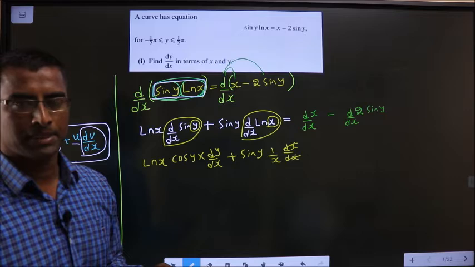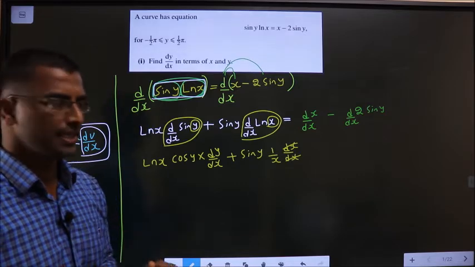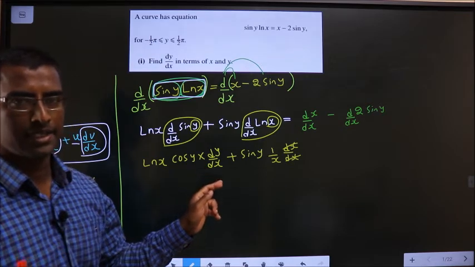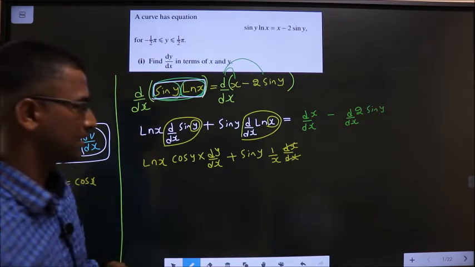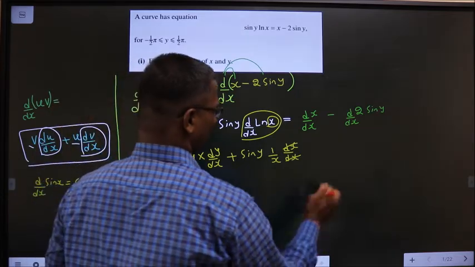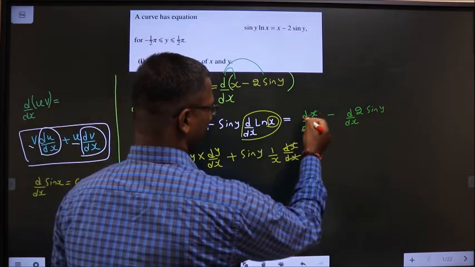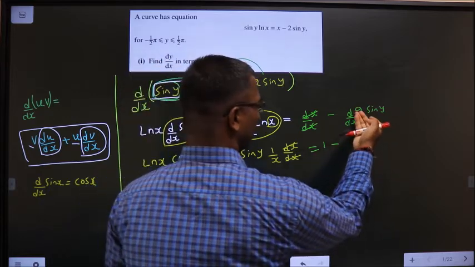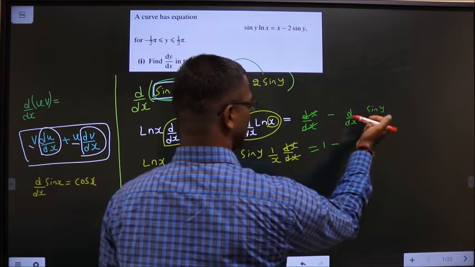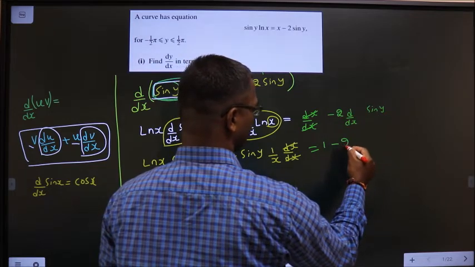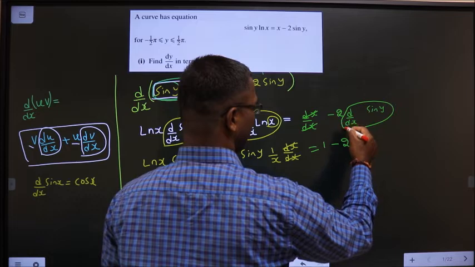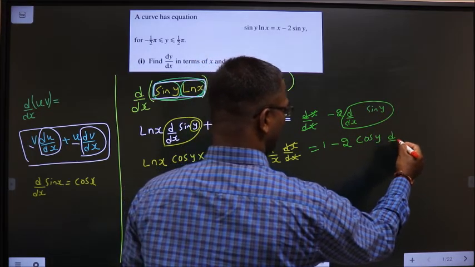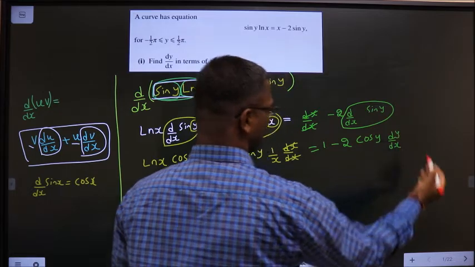So to not make that mistake, every time you are differentiating, write d by dx of whichever letter is present. Okay, next. So here dx by dx is 1 minus, over here 2 will not play any part in differentiation, so 2 will come outside. So now d by dx of sin y, again sin y will change to cos y, and d by dx of whatever letter is present, that is y.